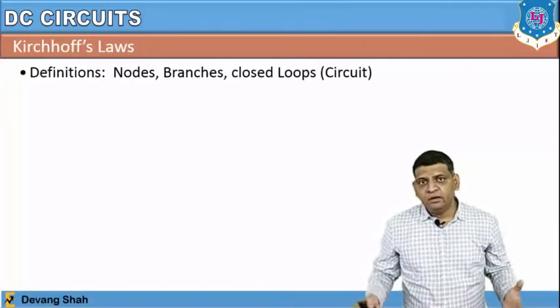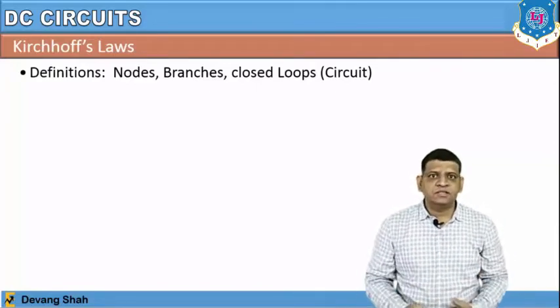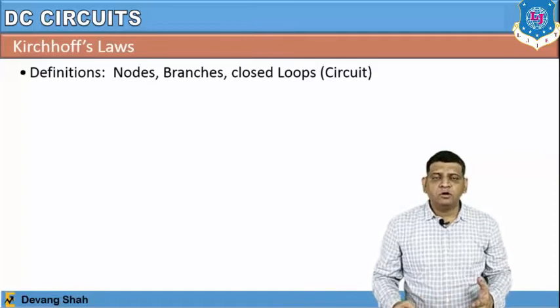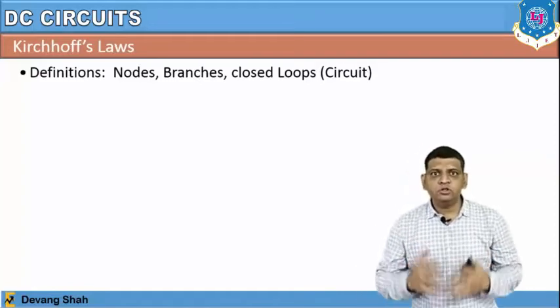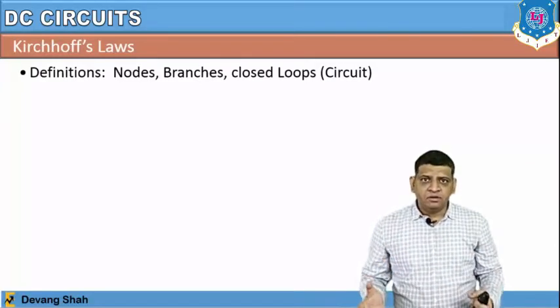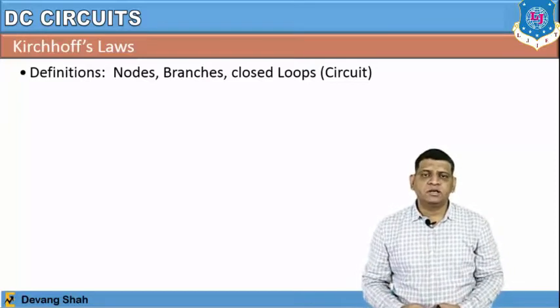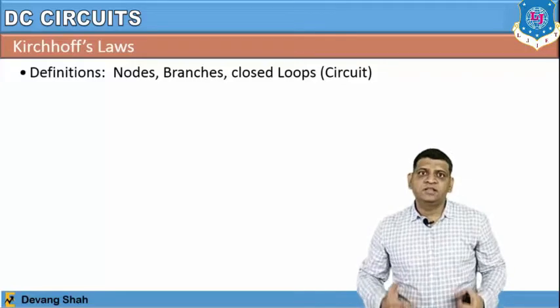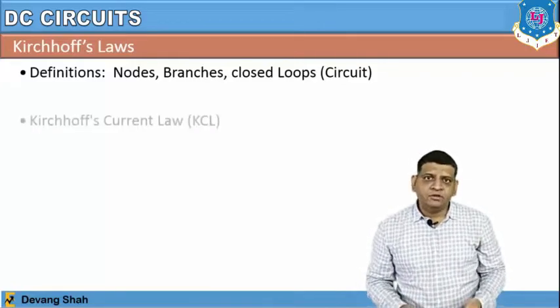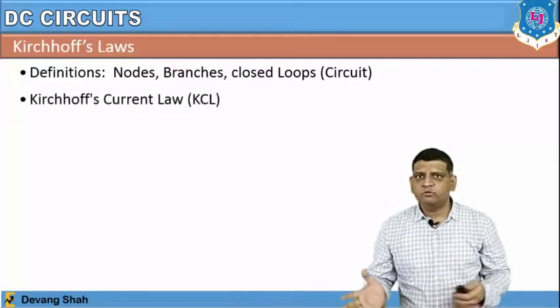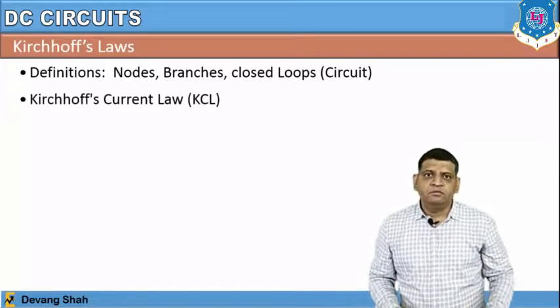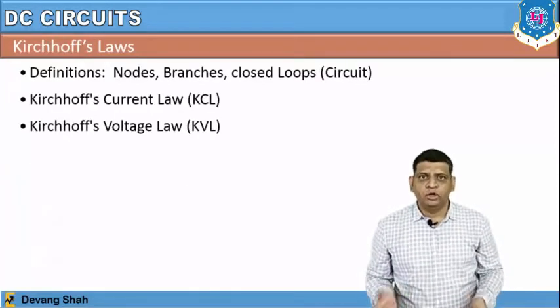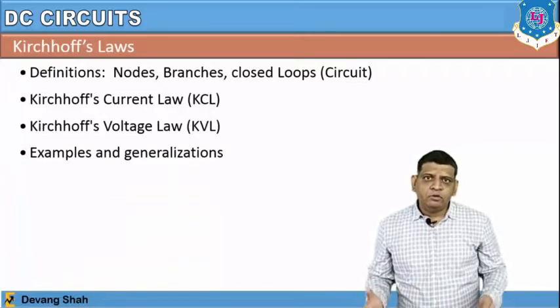Now we emphasize the importance of these components as part of circuit design and understand the terminology of circuit design. We'll start with one part of the circuit called nodes, another part called the branch, and third the circuit itself, right? After that we are going to learn about Kirchhoff's current law, then Kirchhoff's voltage law, and examples or generalization.